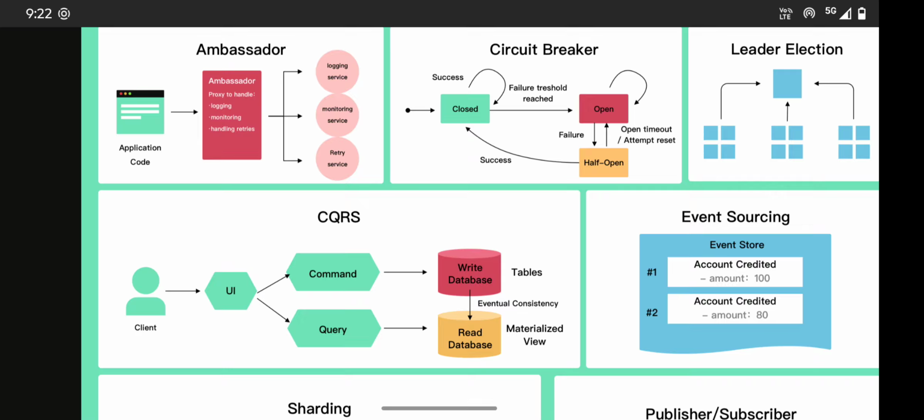If any service is going to fail, there should be some retry mechanism. So generally, using the ambassador design pattern, you can build a kind of proxy to handle all of this: logging, monitoring, and retries as well.